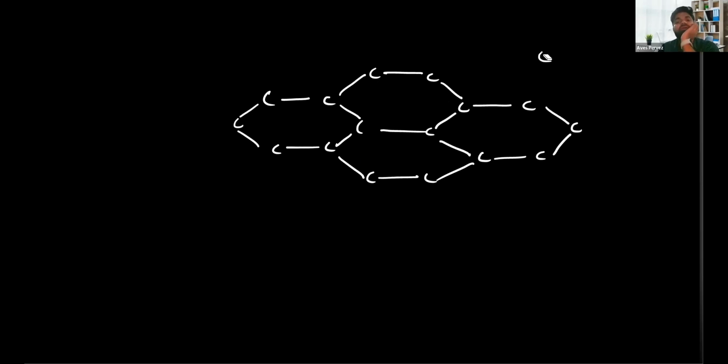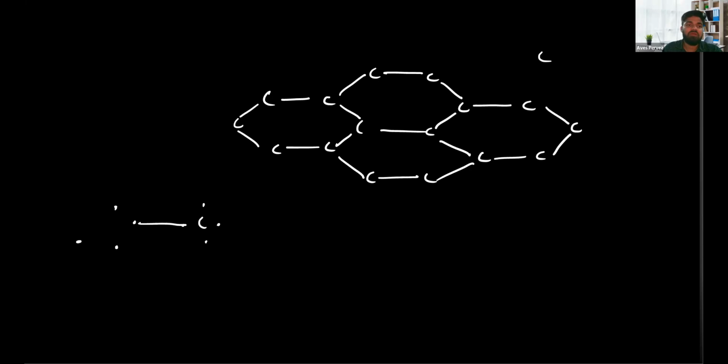When a bond is formed between 2 carbon atoms, let me give you an example. There are 4 electrons in the outermost shell of carbon: 1, 2, 3, 4. This carbon can make a single bond with this carbon atom, and it can make a bond with another carbon atom.